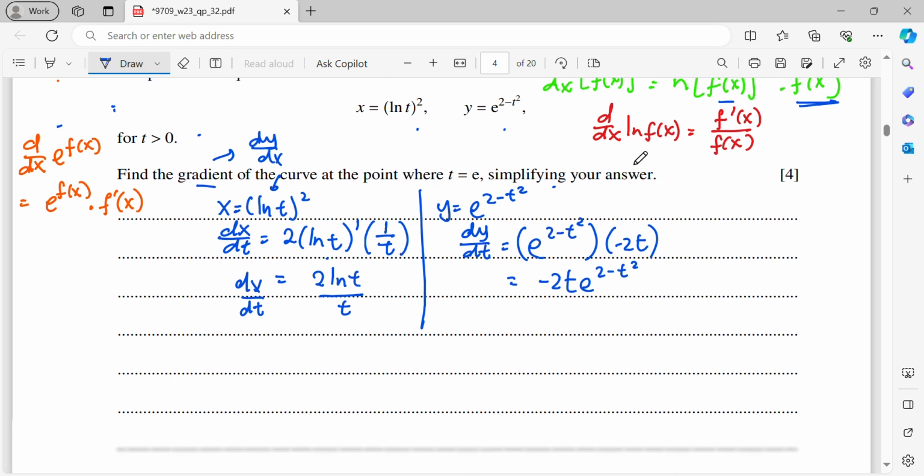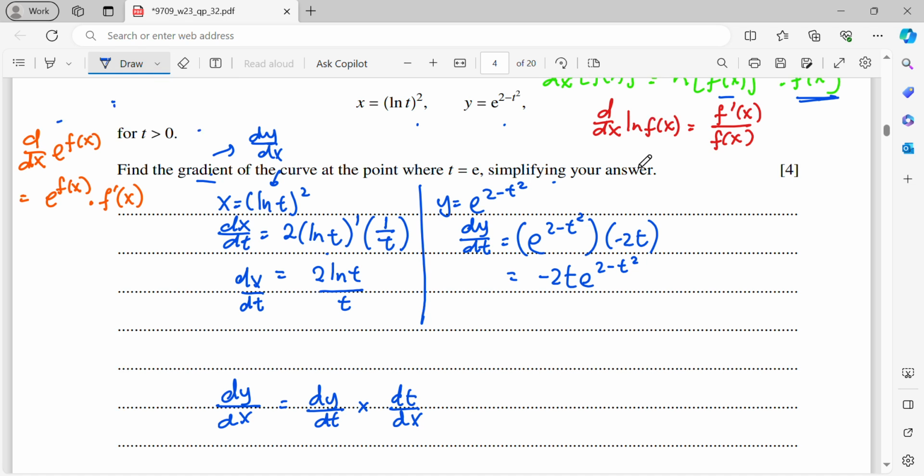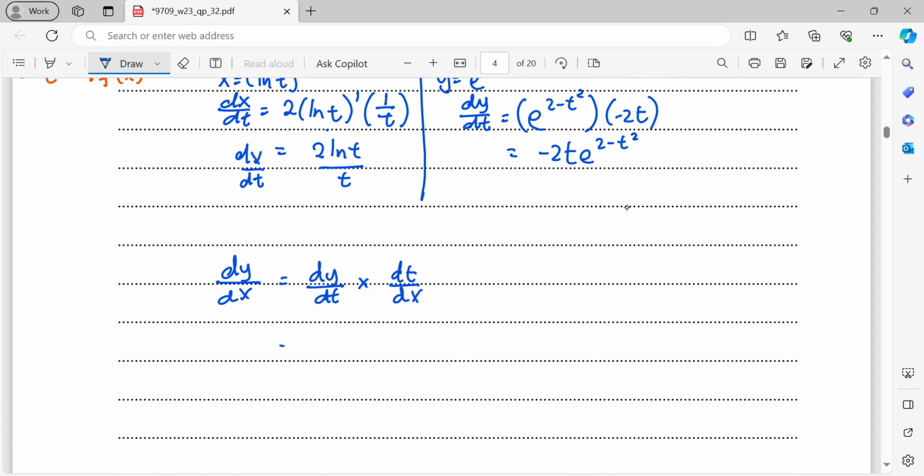Okay, and now we need to get the gradient of the curve, which means it's dy over dx. So I will write dy over dx equals dy over dt times dt over dx. That means this is going to be negative 2t e to the 2 minus t squared, times dt over dx.